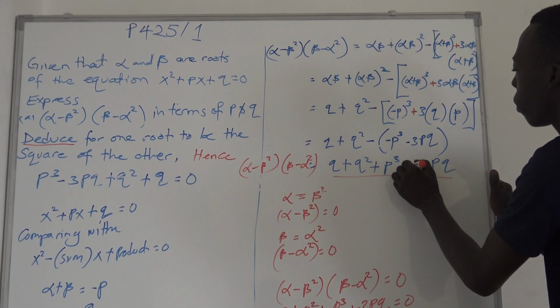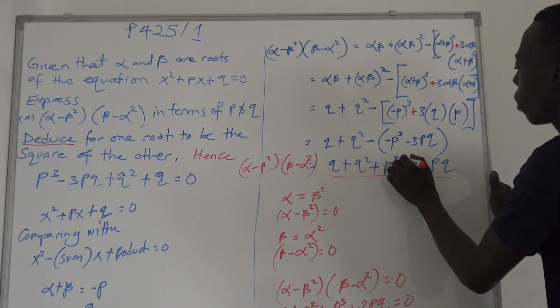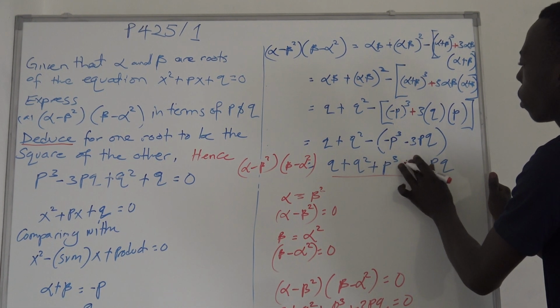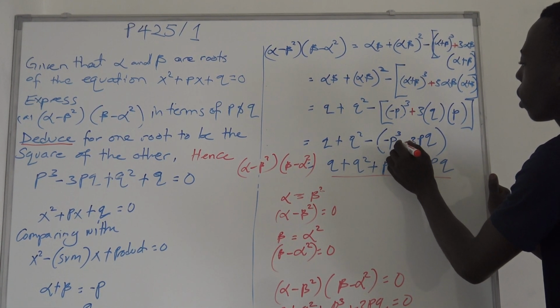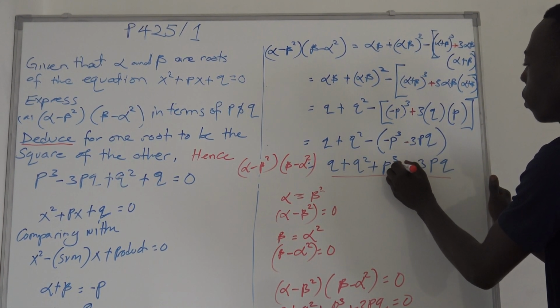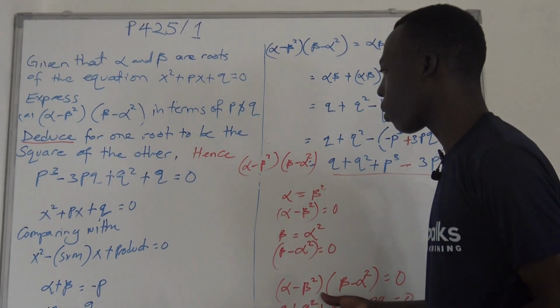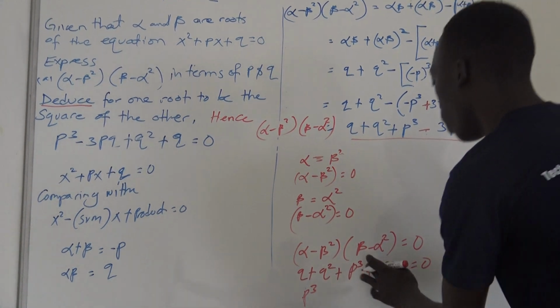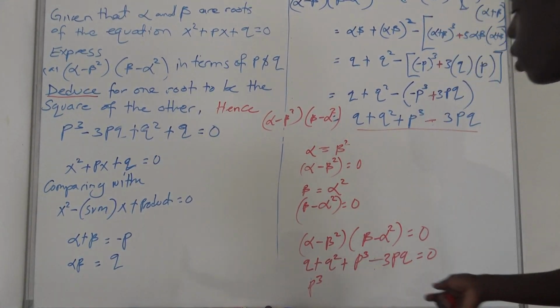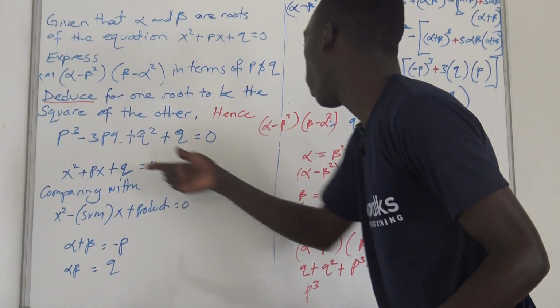It becomes a negative when you multiply the negative. So when we are proving this, this one here is negative. Now we want to prove something like this.